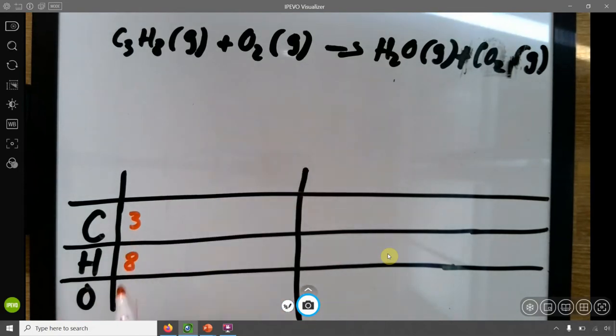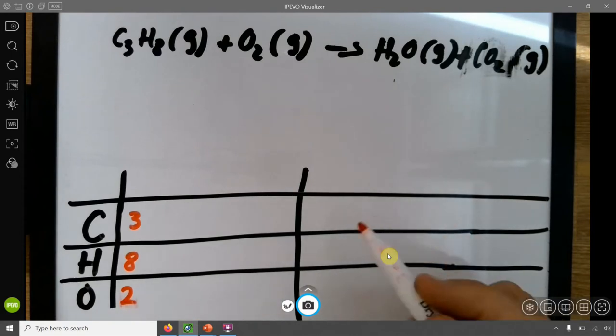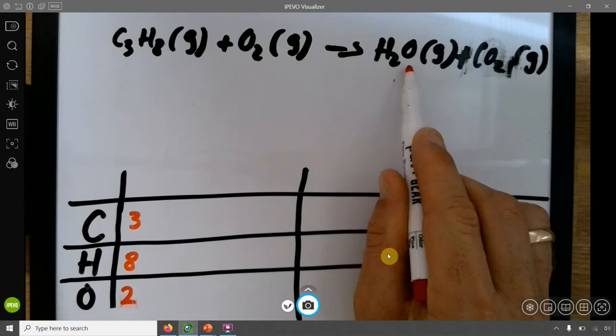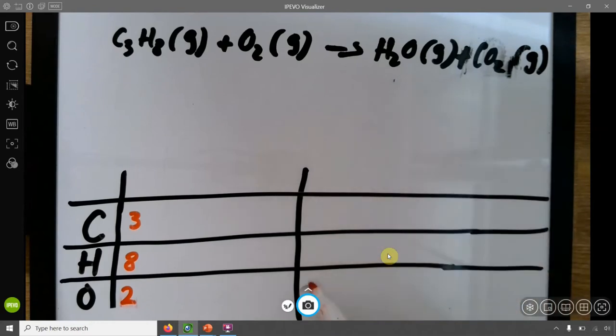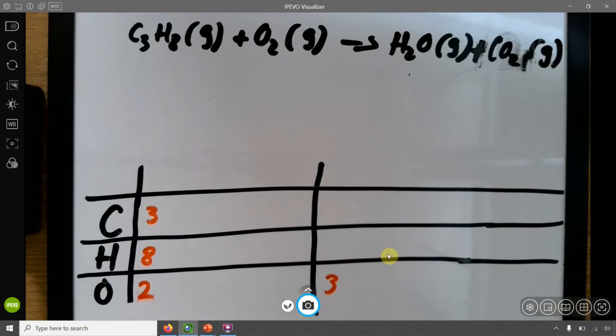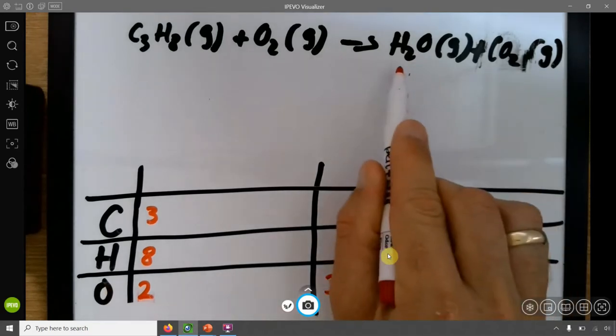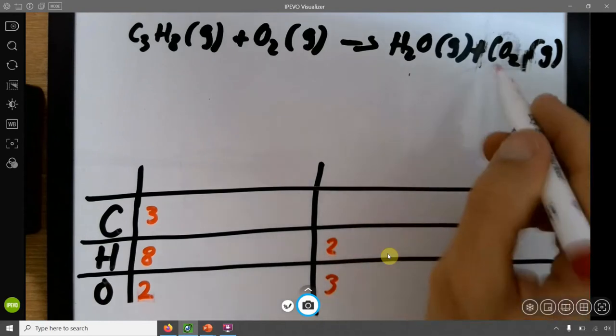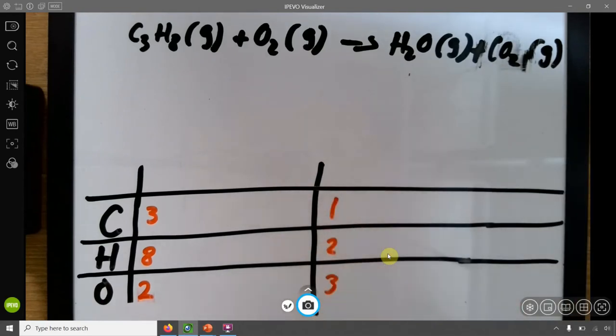On the right side, I have 2 oxygens from this and 1 oxygen from this, so I have 3 oxygens, right? The hydrogens here, I have only 2, and carbon, I have 1, right? So right away you can see I need to balance all of them.